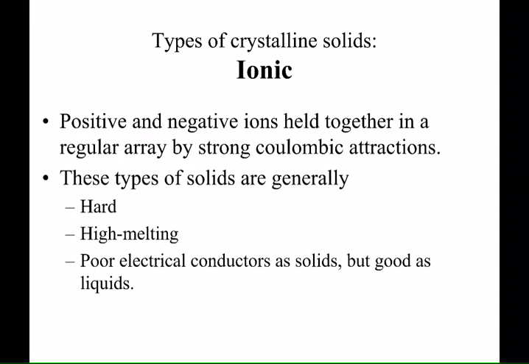They don't conduct electricity as solids, and we'll talk more about an electrical cell at the end of Chem 2, but electrons don't flow freely through them. If you dissolve them in water, then electrons can flow freely through them. If your water is pure, it won't conduct a current.